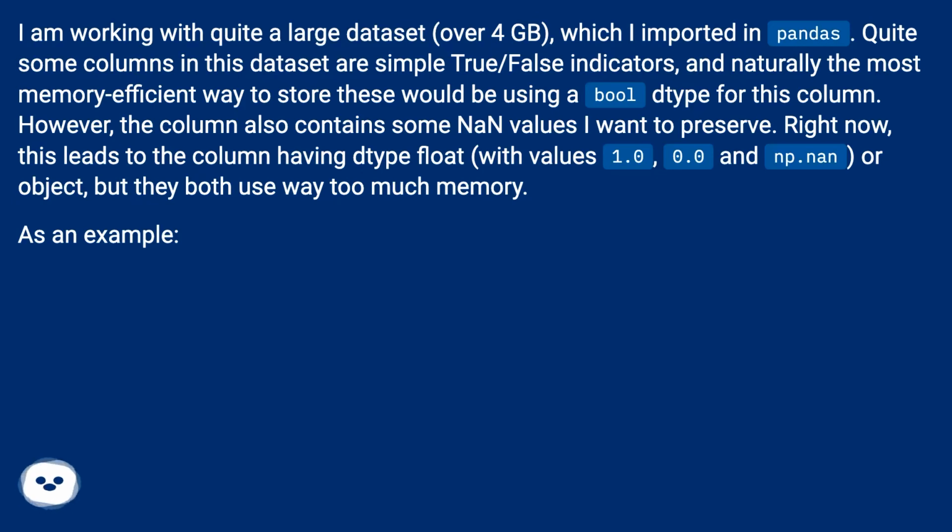Right now, this leads to the column having dtype float, with values 1.0, 0.0 and np.nan, or object, but they both use way too much memory.